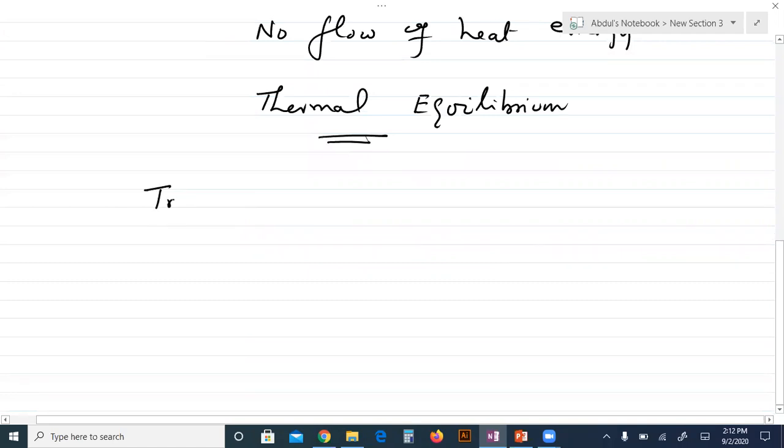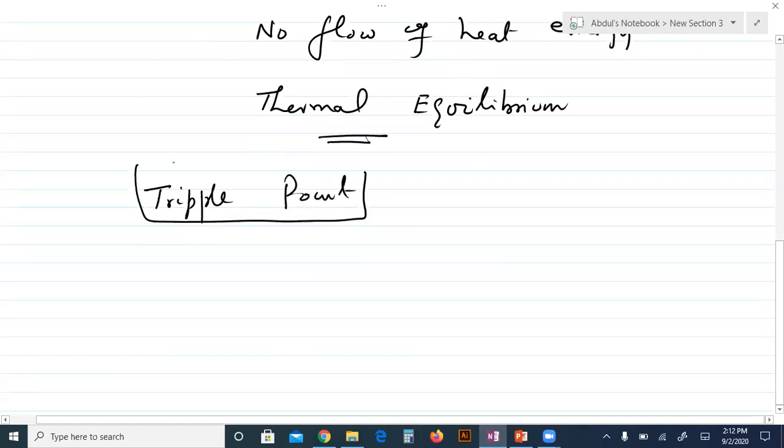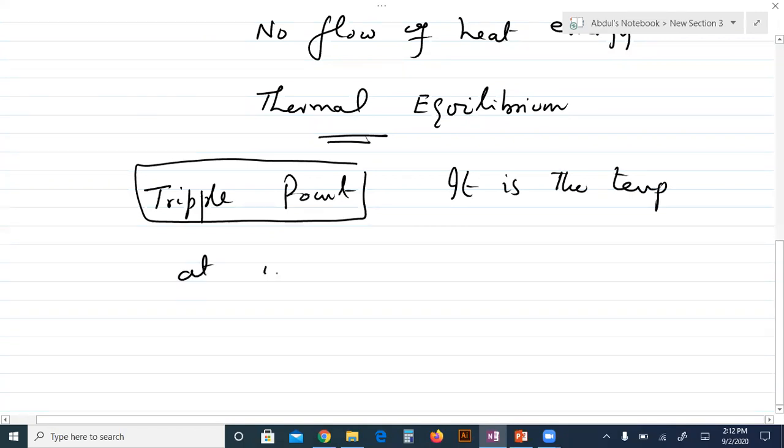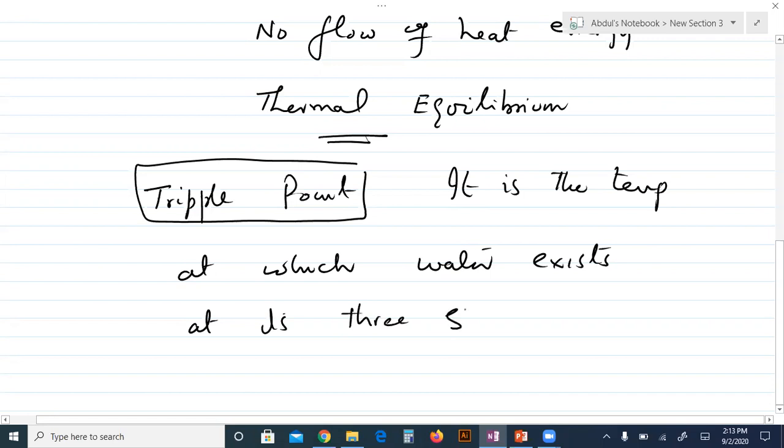Next, triple point. This triple point is also a temperature. It is the temperature at which water exists at its three states, means solid, liquid, and vapor, mean gas together.